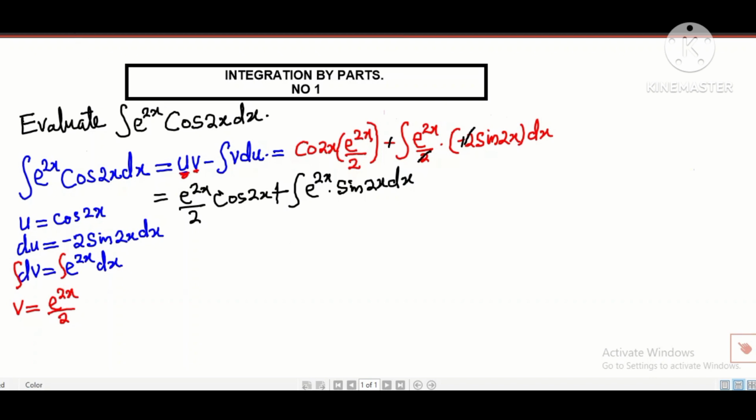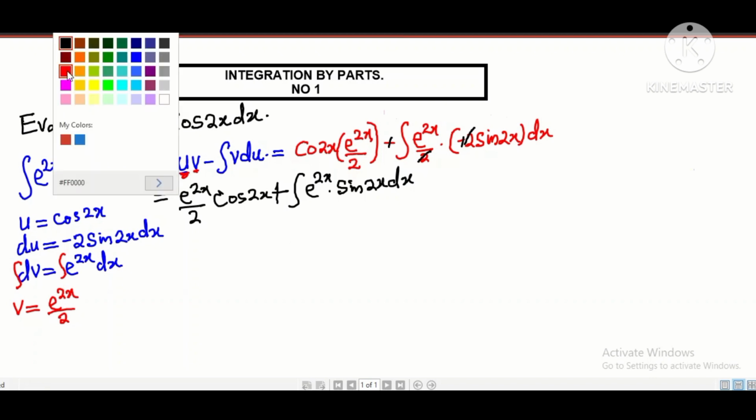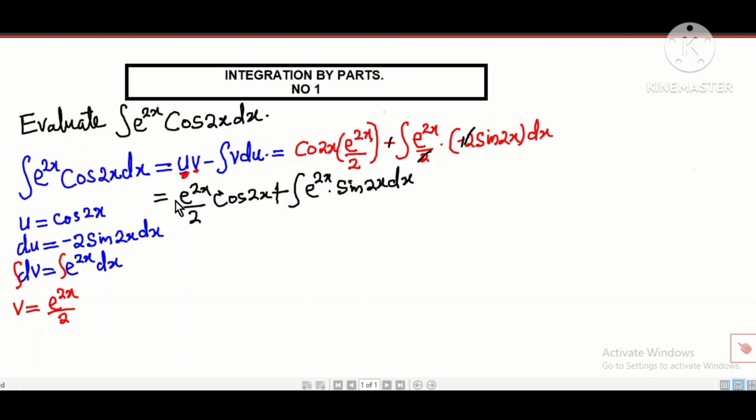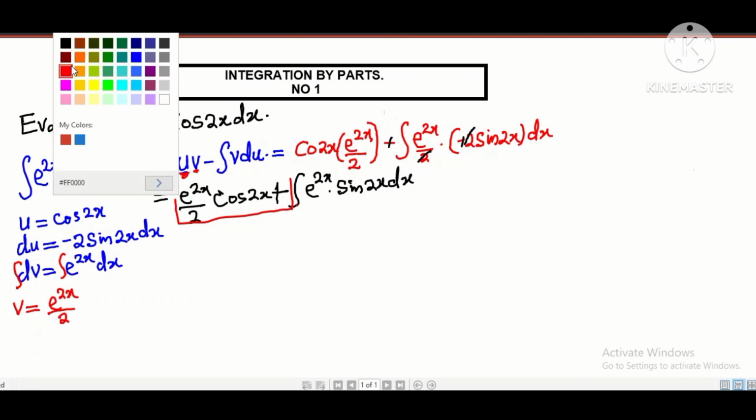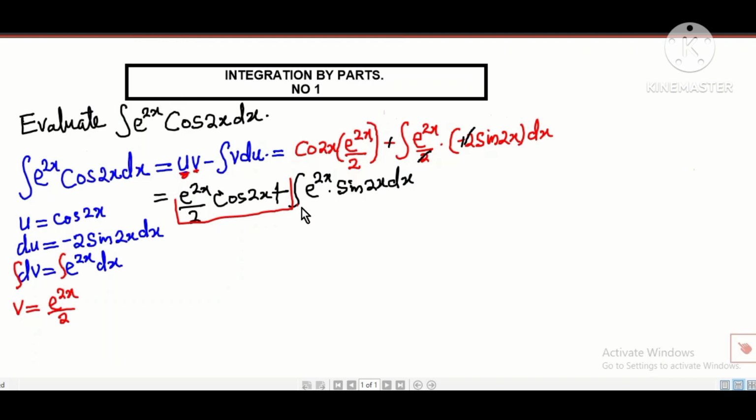Now this is what I have. If you look at this very well, a close examination will show that from the start to this place, we have gotten it. But from here, let me use the blue color to highlight it. From here to this place is a new question that has come up from the evaluation of this.